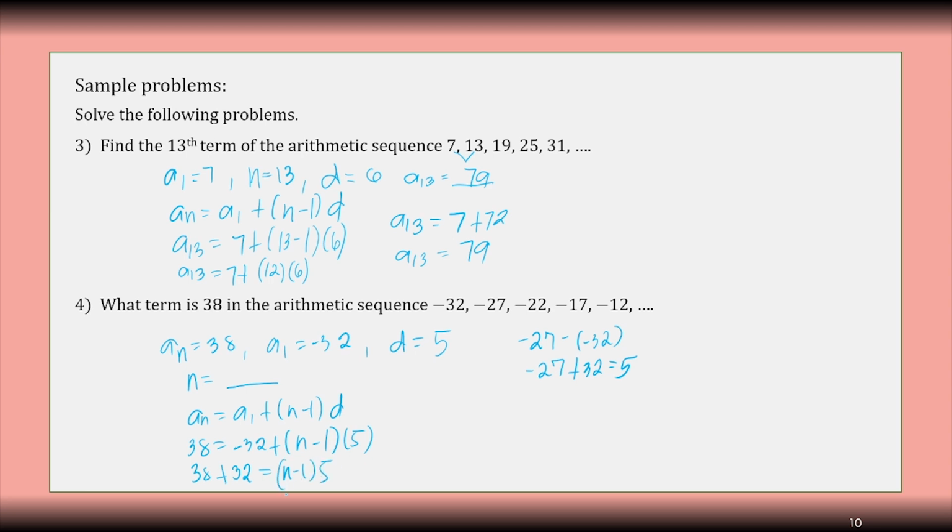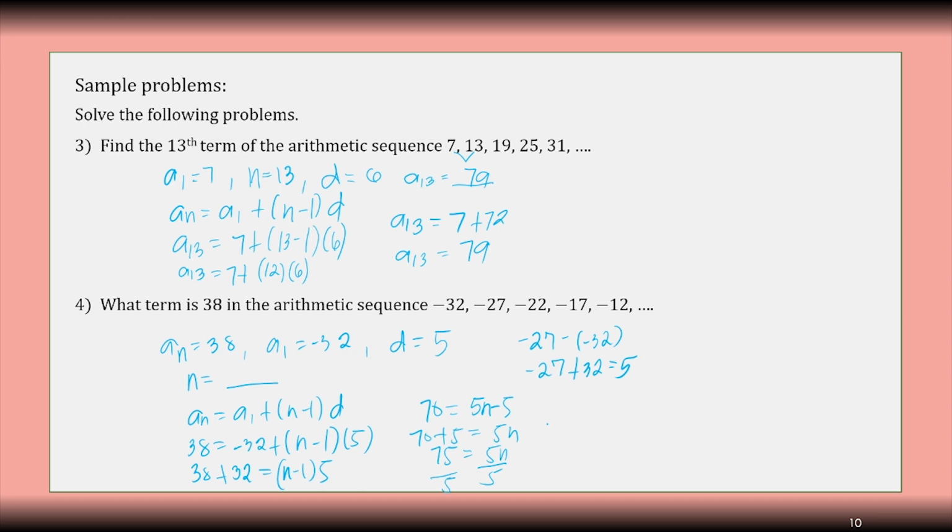So, dito, distributive property natin gagawin. So, add muna natin. Ang mangyayari dito is 38 plus 32 is 70 is equal to 5 times n is 5n. Then, 5 times negative 1 is negative 5. So, ilipat ulit natin negative 5. It will become 70 plus 5 is equal to 5n. Then, the sum is 75 is equal to 5n. Divide both sides by 5.